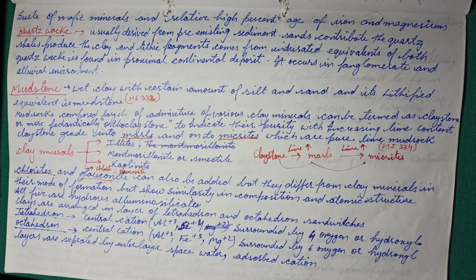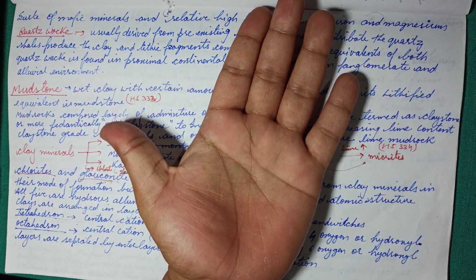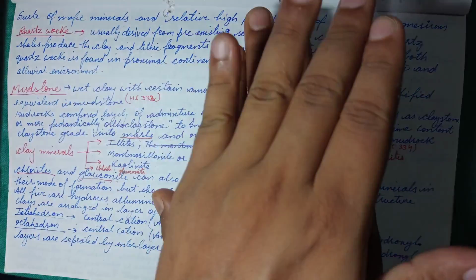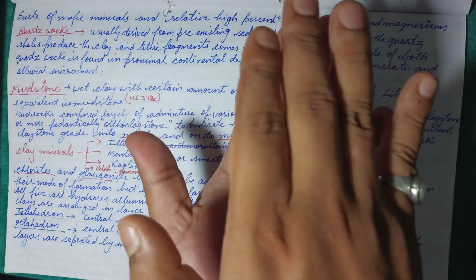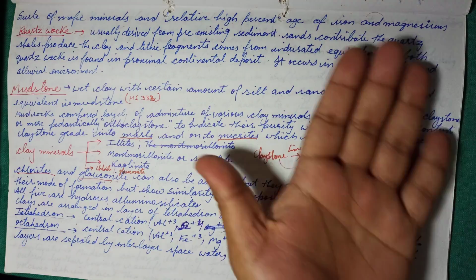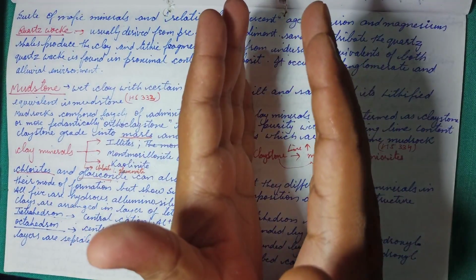So in clay minerals you will see a tetrahedron structure which is sandwiched by an octahedron, again tetrahedron, octahedron. So a sandwich structure of tetrahedron and octahedron is there in the clay minerals, and in between them there is something.